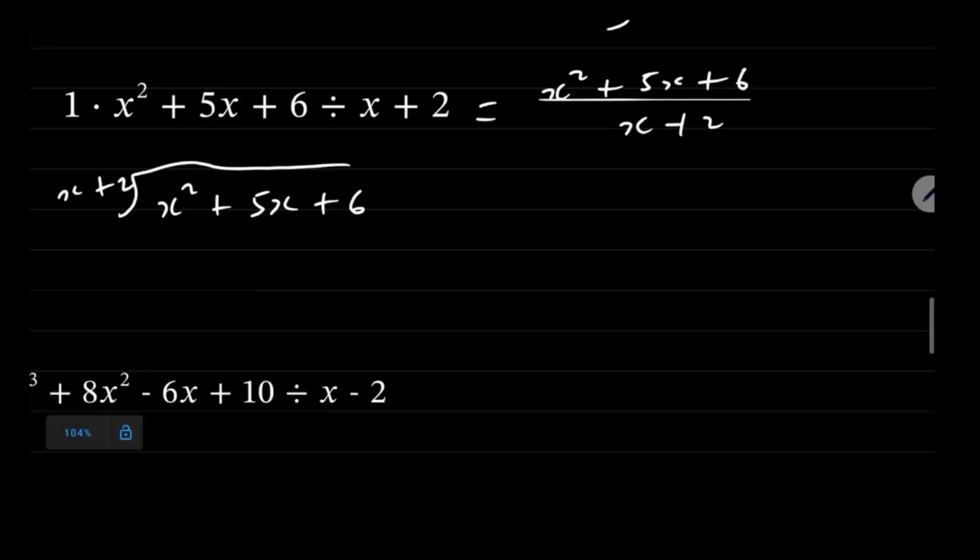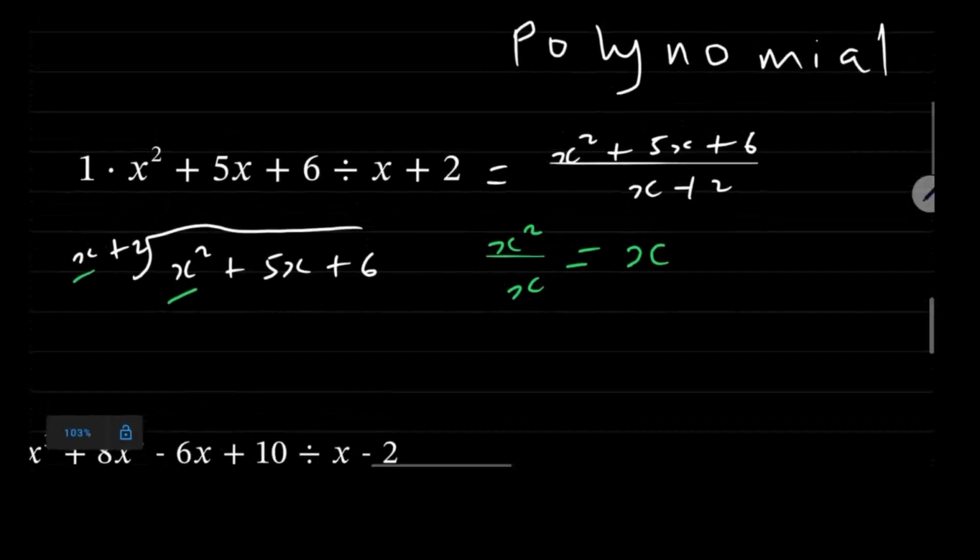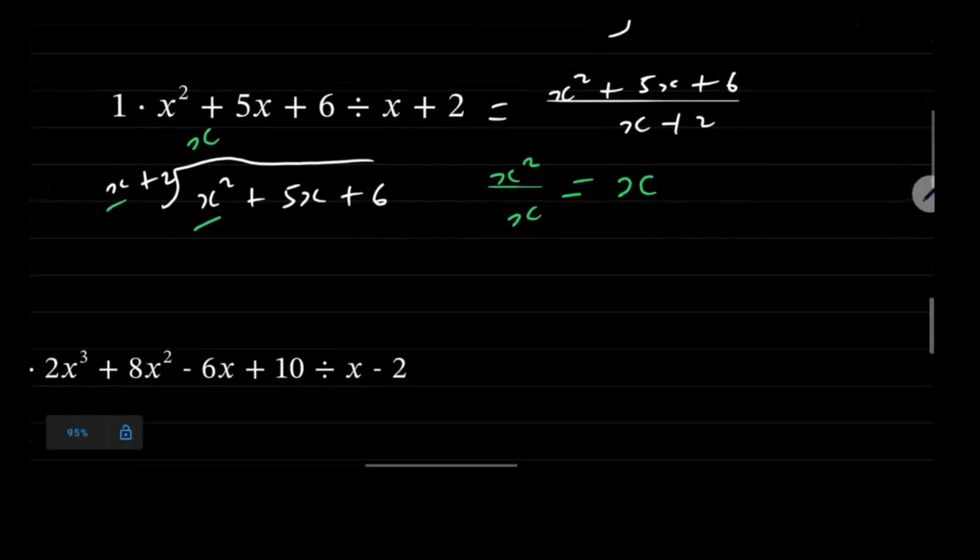We want to make sure that we cancel and keep getting remainders. So the x squared inside here is going to be divided by the x which is outside, and what we are going to get is x, because x squared divided by x is equal to x. Now this is going to come here, and then we can proceed to multiplication.